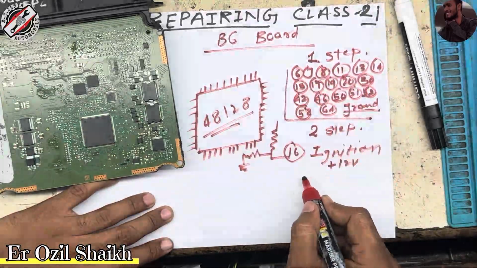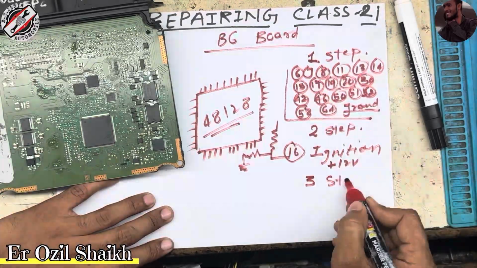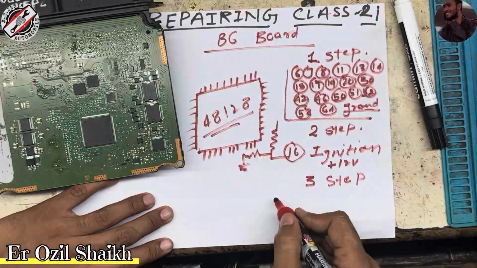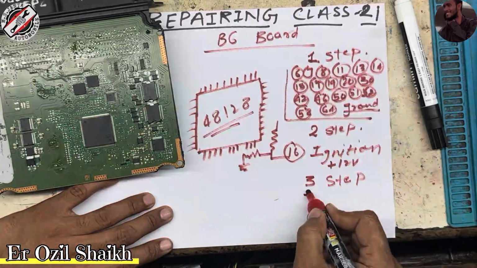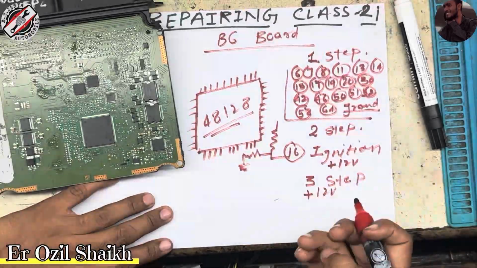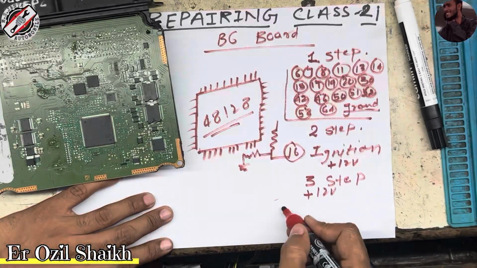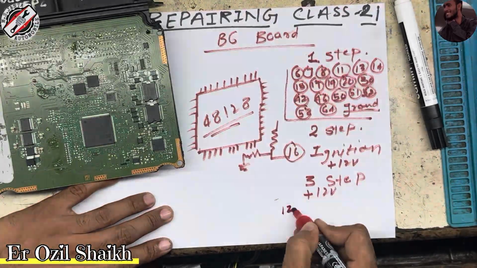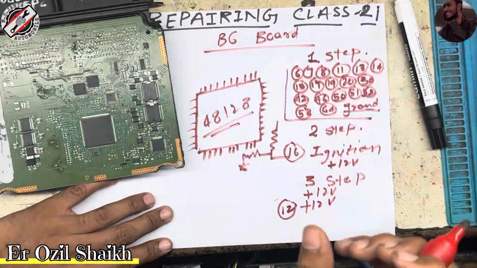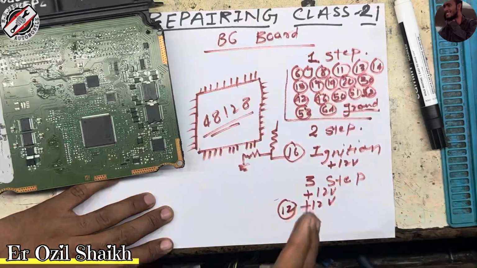And I have a third step also. In the third step we have to check the 12 volt. After the main relay is on, 12 volt comes inside the board. Pin number 12 is our 12 volt when we turn on the ignition and our main relay is on.